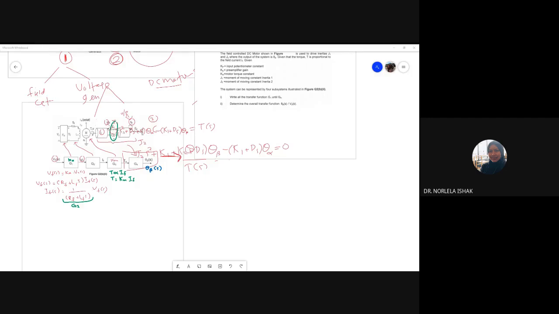So from the next chapter, we will analyze the transfer function. We want to define whether our system is stable, unstable, or marginally stable, and then we want to analyze the behavior of that system. Kita nak define pula dia punya behavior dia.